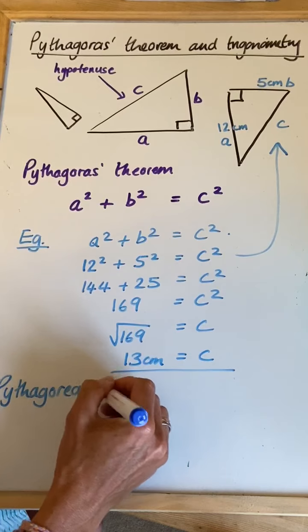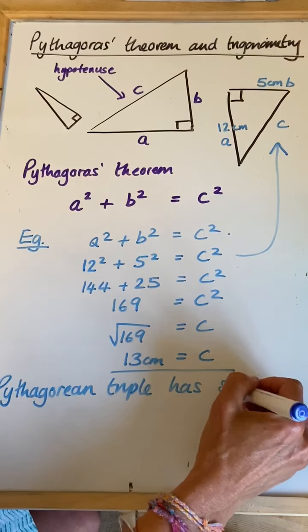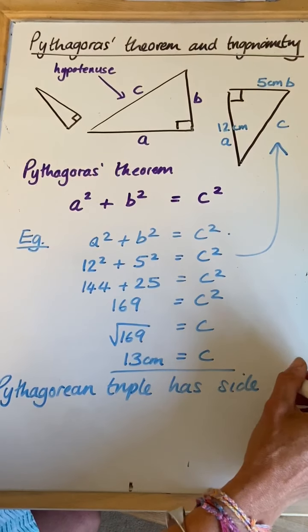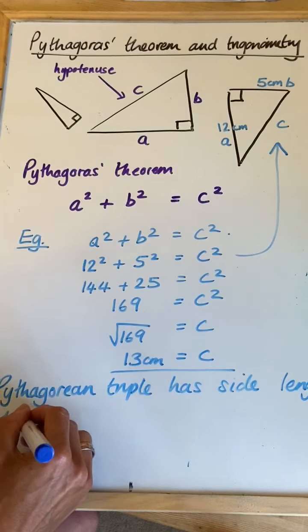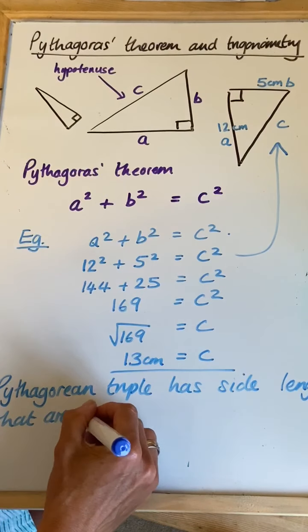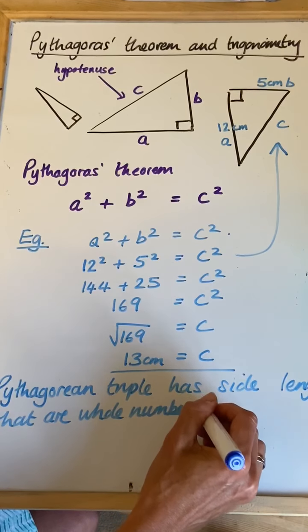So a Pythagorean triple has side lengths that are whole numbers. And there are lots of these, but most of the time you're not going to come across one of these.